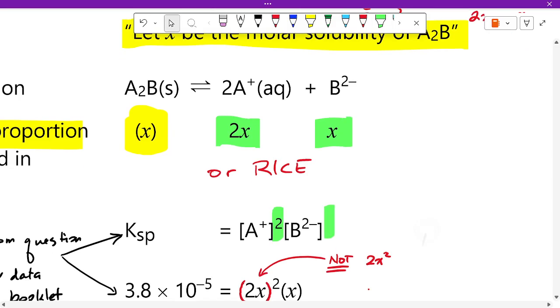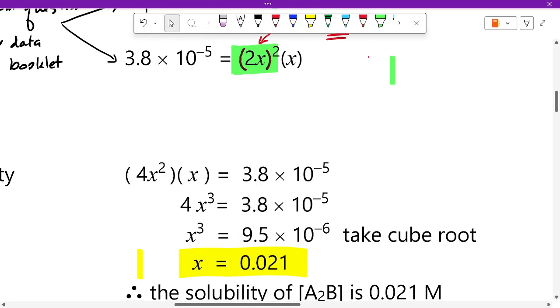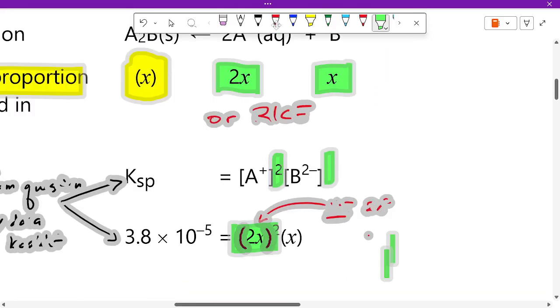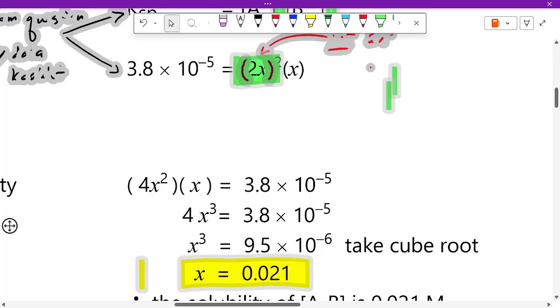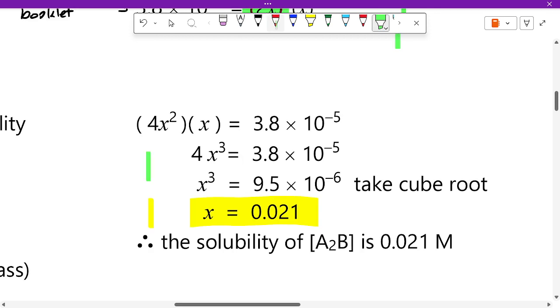So you'll always have 2x all squared times x, and so that's always going to give you 4x cubed. Good Lord, stop. Yes? So, should you choose to memorize x squared and 4x cubed, you can use those for multiple choice.